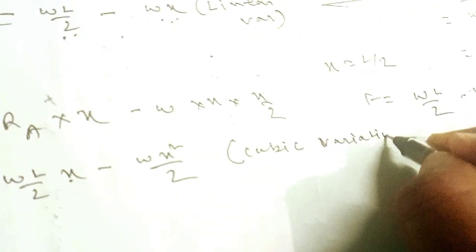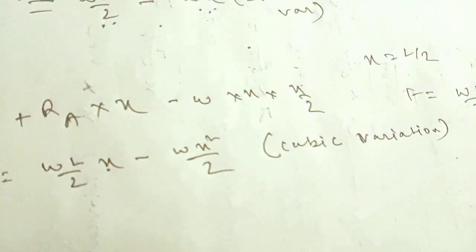Now what is the variation here? See, this is X square. If I put the value of X, this will also be in square. So this variation is a parabolic variation, because this equation is like y equal to ax square. So at x equal to 0 and at x equal to L, if you put the value, you will find the moment.